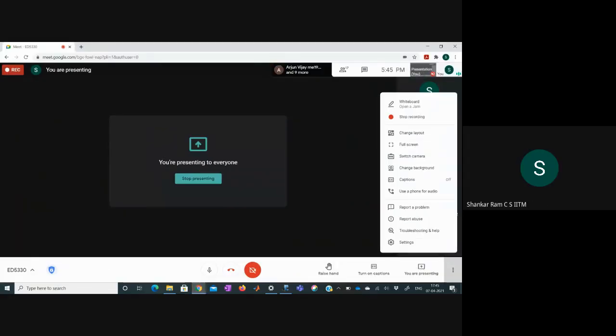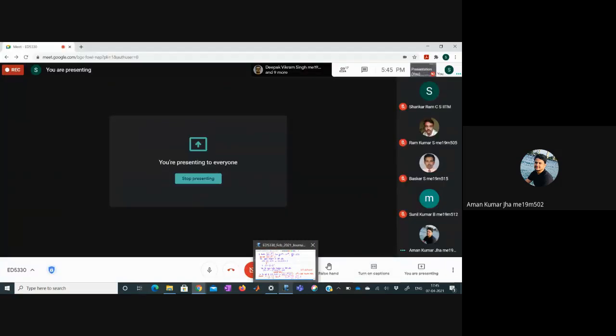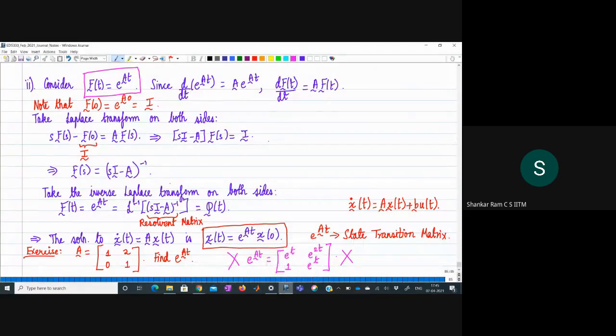Sir, one question. Yeah, please go on. Can we go to the notes? The last line, the final line that says the solution to x dot t is equal to Ax(t). Have you implied it from the previous derivation?